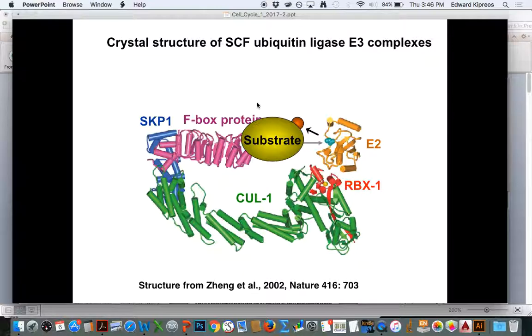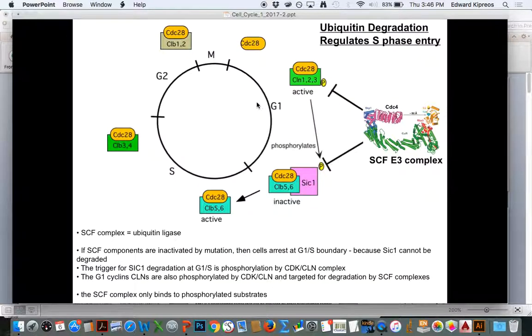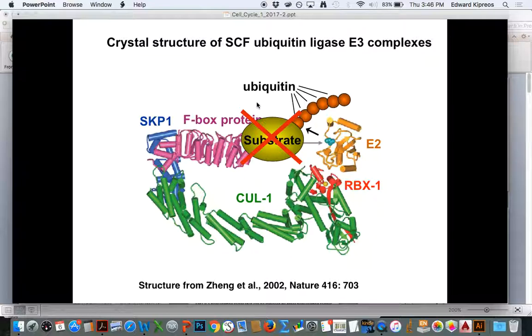Ubiquitin, remember, is just a small protein, 76 amino acids. Another one will come in and add it to that ubiquitin. Another one will come in and add it to that ubiquitin. When you get 4 ubiquitins of the right linkage to each other, then that substrate gets degraded, and then it's going to get degraded by the proteasome.